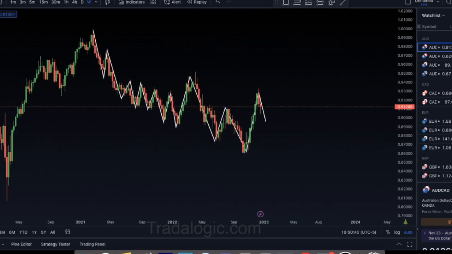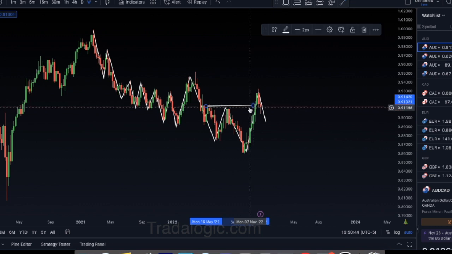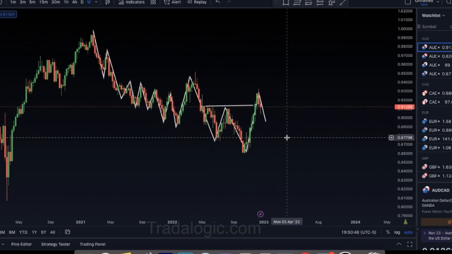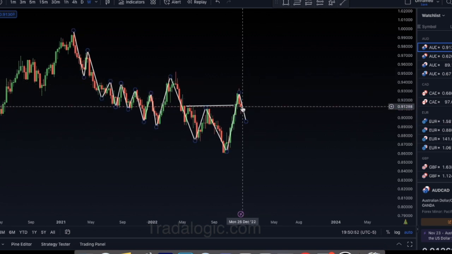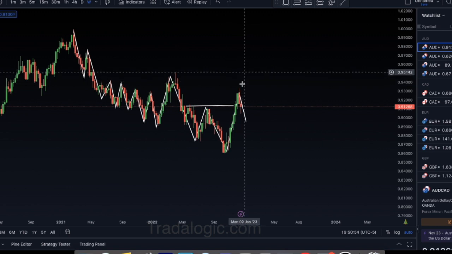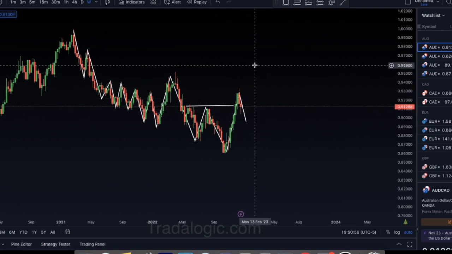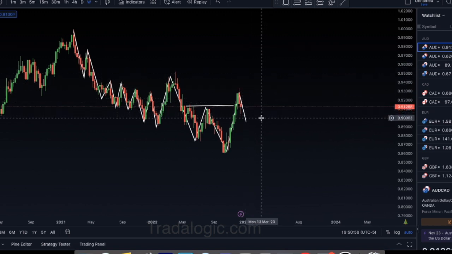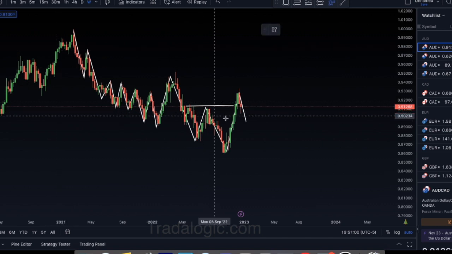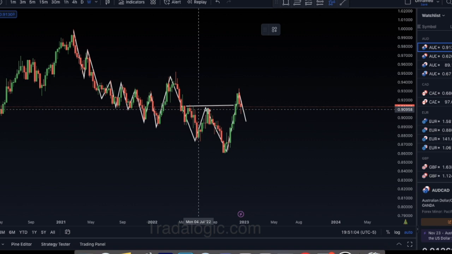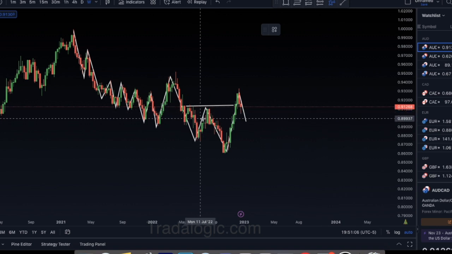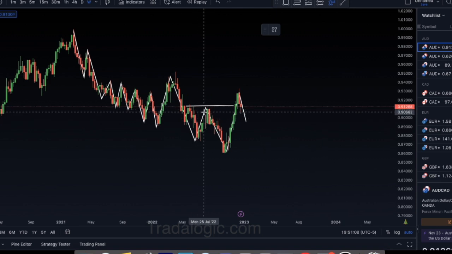However, most people will say, oh, but we broke structure right here. I can't say we broke structure right here because we haven't made a lower high yet. We haven't made a high yet. So if we make a high and a higher low and we start pushing up, then I would say, oh, we already broke the structure. But as long as it's still right here, I'm still considering we're on a bearish structure on the weekly time frame.